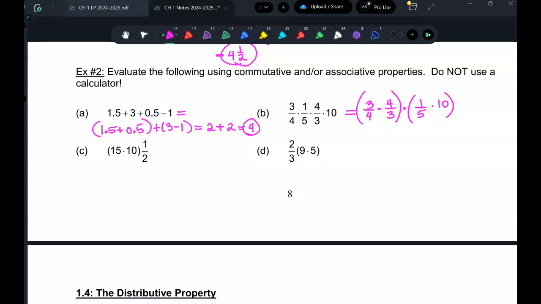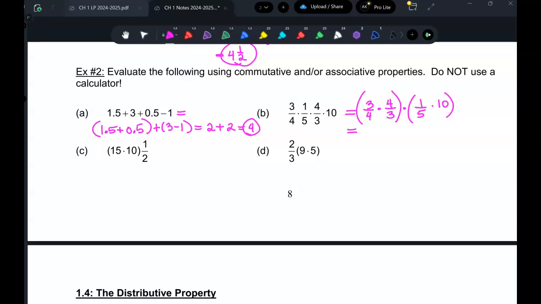What happens when I multiply 3/4 times 4/3? Multiply straight across. 3 times 4 is 12, and 4 times 3 is 12, so you get 1.